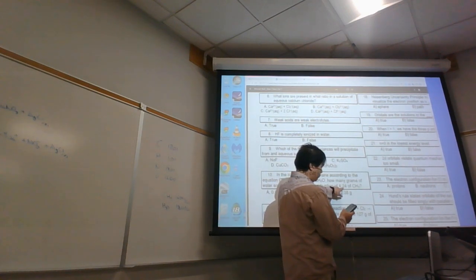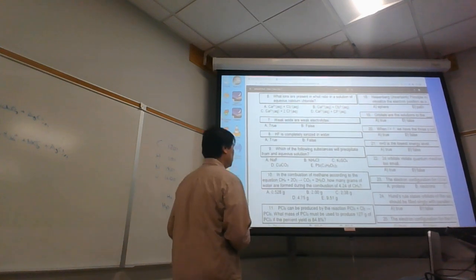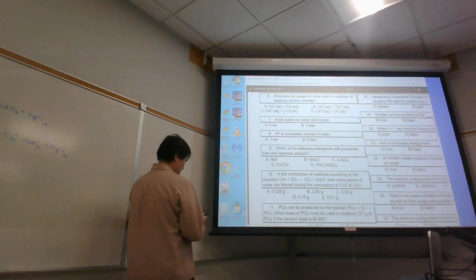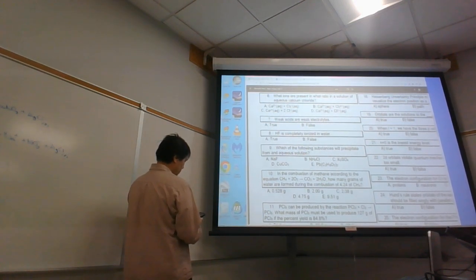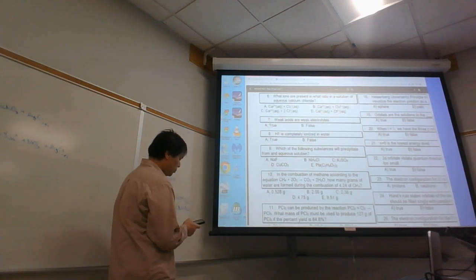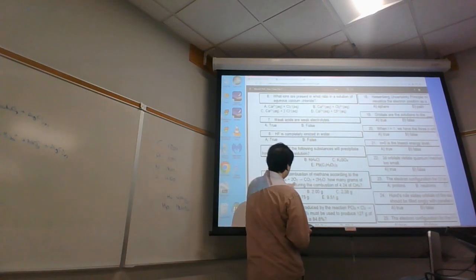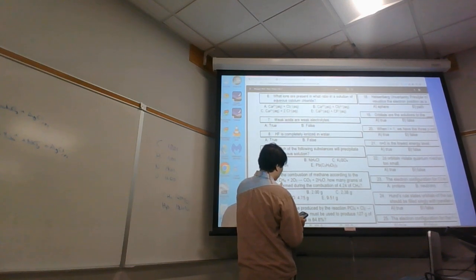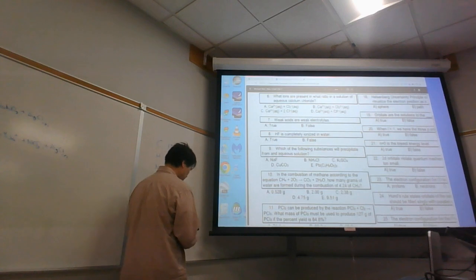So we have 4.24 grams of methane divided by 16.04. That's going to give you 0.264 moles. And then it's a 2-to-1 ratio, so times 2 moles of water for every 1 mole of methane, and then times 18.02.